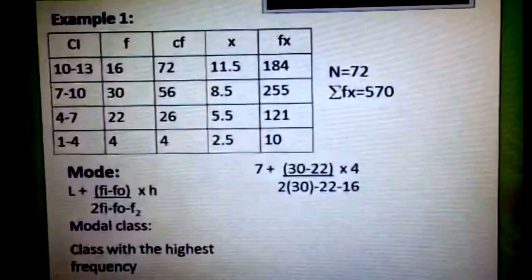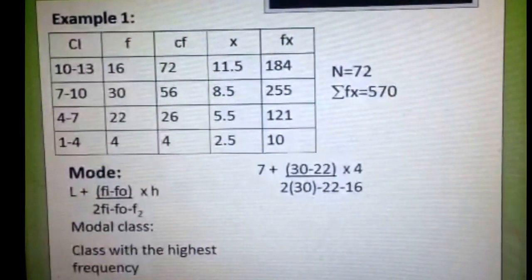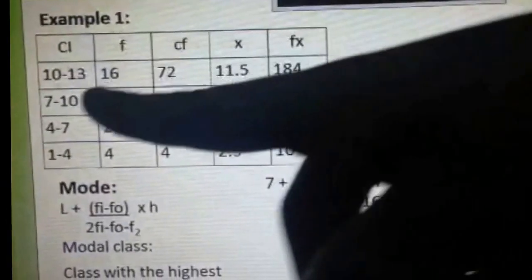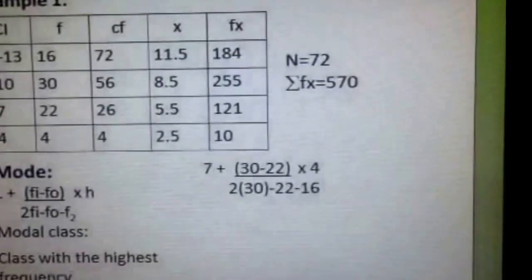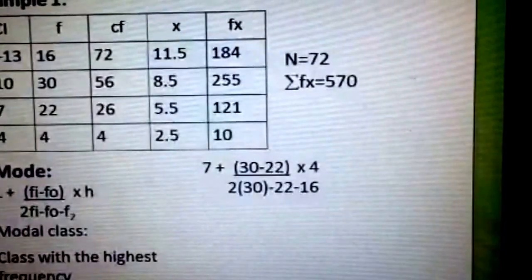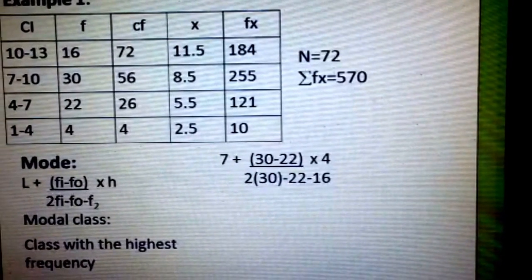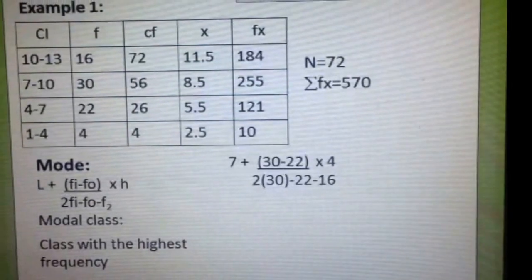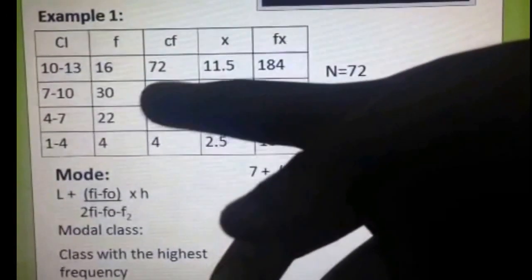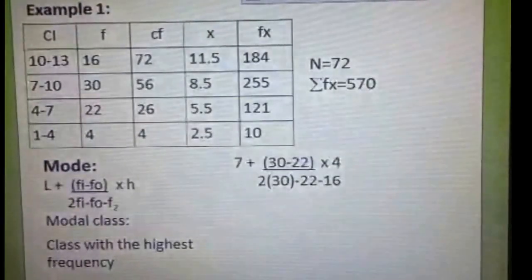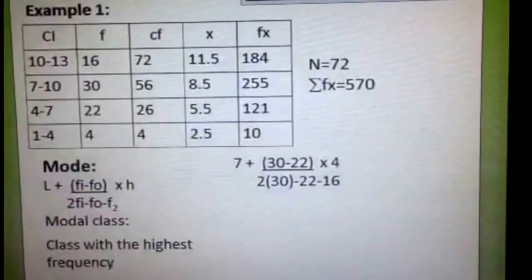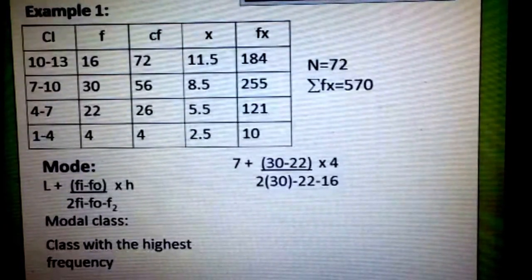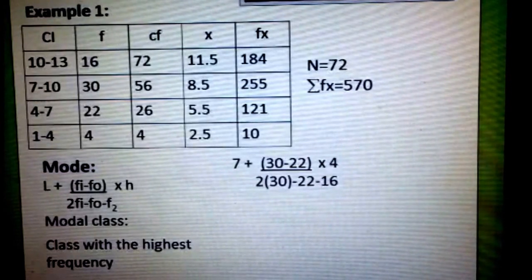And so, again, we need to substitute the values. We all know our L, 7, the lower limit of the modal class, right there, 7. And 30, which is the Fi, or the frequency of our modal class, minus 22, the Fo, that is the frequency of the class preceding the modal class, multiplied to the h, which is 4, over 2 times Fi, 30, minus Fo, 22, minus F sub 2.